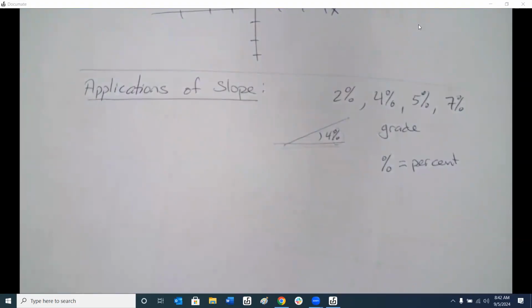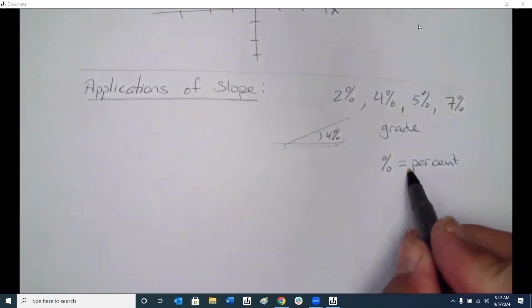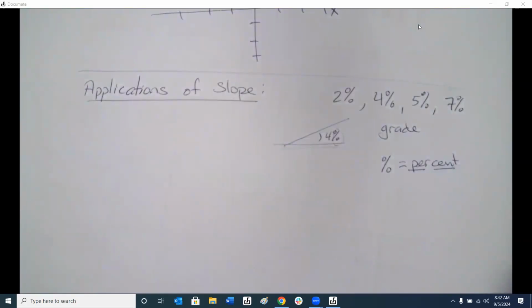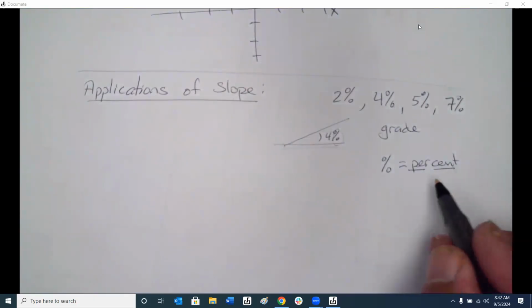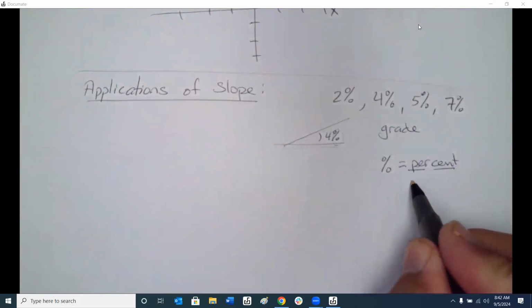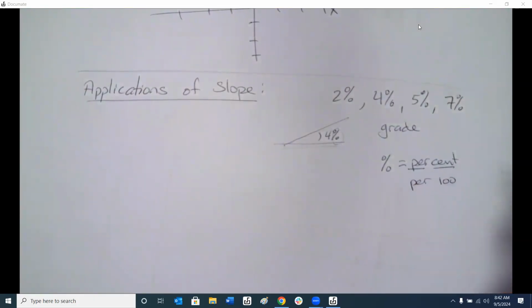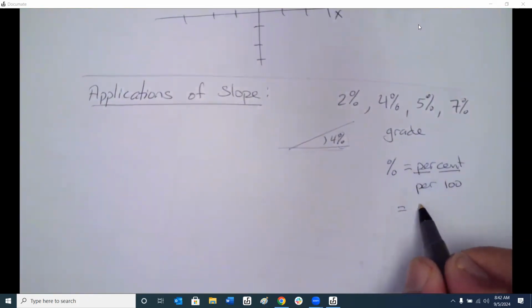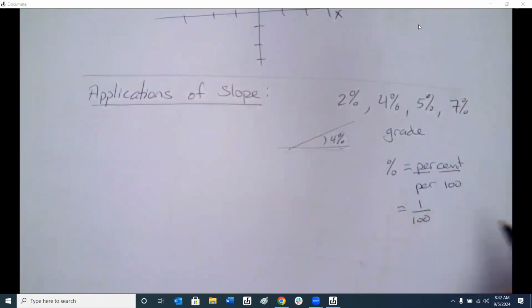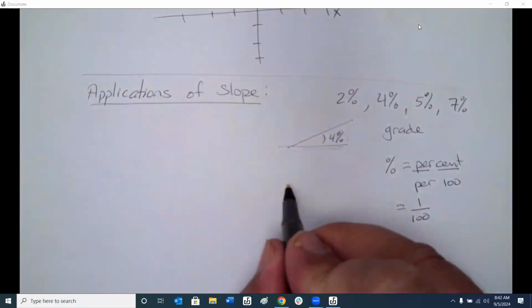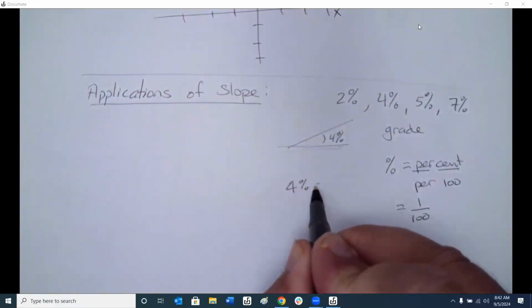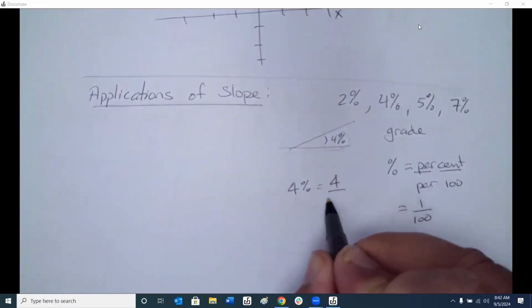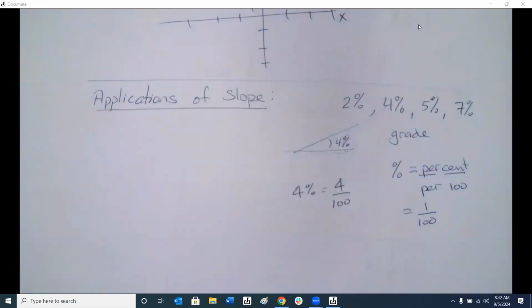We use the term a lot, but what does it mean? It's actually two words. Per cent. How much is a cent? A penny? So it's per 100. So whenever you see a percent, that means 1/100. So a 4% means 4/100.